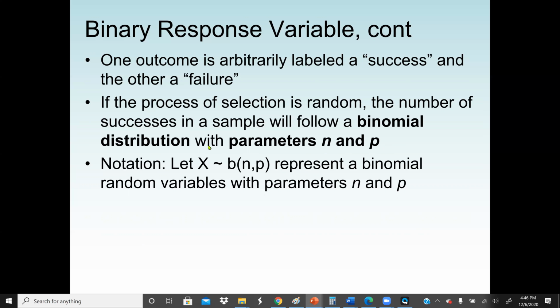One of its characteristics is that you are doing some trials and the possible outcome of each trial is only two, either true or false, success or failure. So we may have a probability of success. If the probability of success is 0.7, then the probability of failure is 0.3, which is 1 minus 0.7.